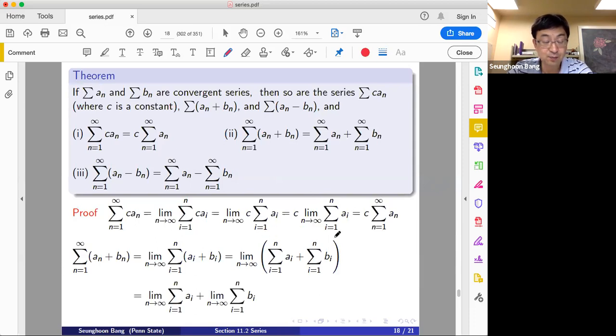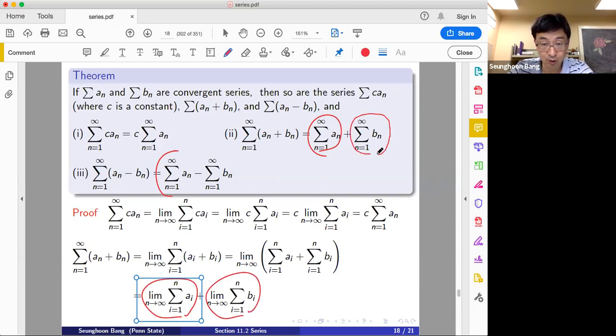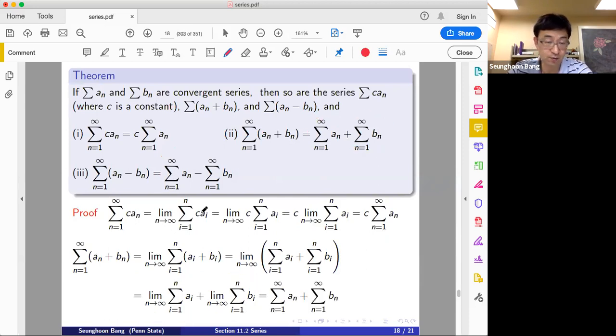The limit of the summation from i equal to 1 to n of ai is exactly the same as here. The second one, the limit of the summation i equal to 1 to n of bi is the same as this one. So that's the whole proof of the property. The third one is similar. You can prove everything. What's the key part? Here: take out c, distribute the summation.